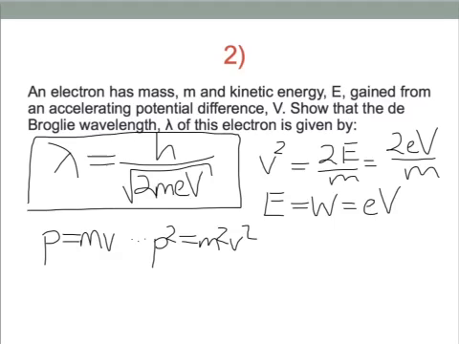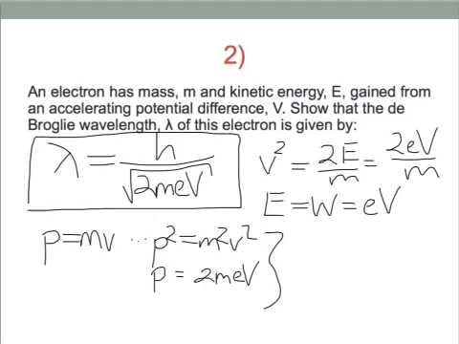So now we can substitute v squared equals 2eV over m, this thing, into here, and obtain 2meV for p squared, momentum squared. So there's a couple of steps there which I've combined into one, but hopefully you can follow the logic.